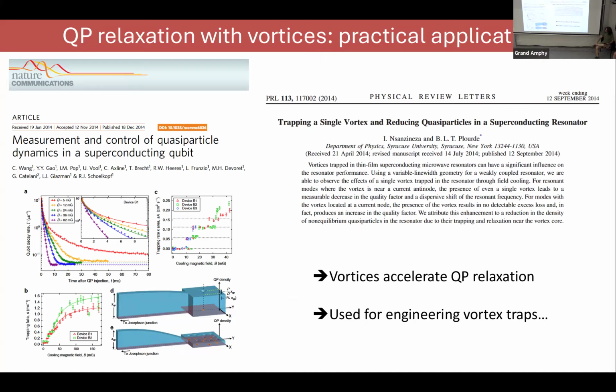Here they show that if you manage to create vortices in the capacitance of the transmon, you manage to increase the relaxation of this transmon by trapping quasi-particles. This is used in superconducting qubits.